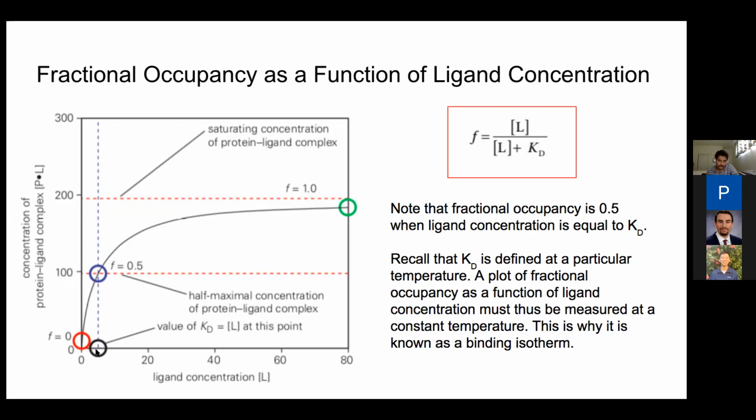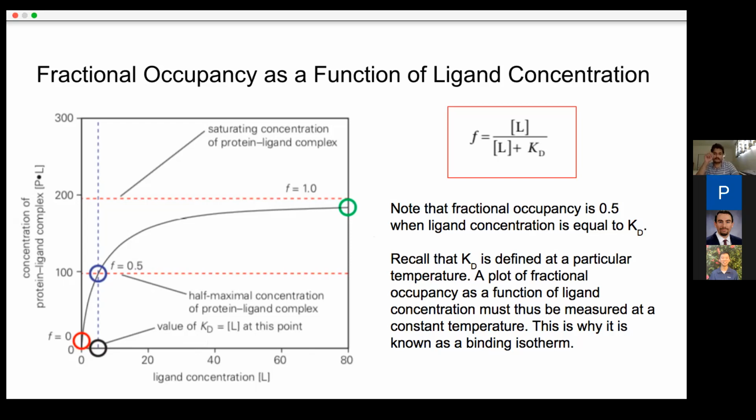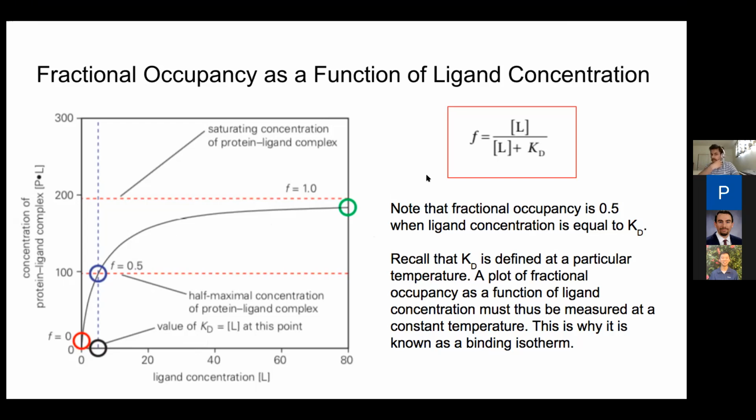When we get to the special value at which the ligand concentration is equal to KD, we get fractional occupancy of 0.5. And as we increase ligand concentration, let's say towards infinity, you plateau at fractional occupancy of 1 because the amount of protein bound is limited by the total amount of protein you have in the first place. You cannot bind more protein than the total protein available. So that's why you have this plateau behavior.